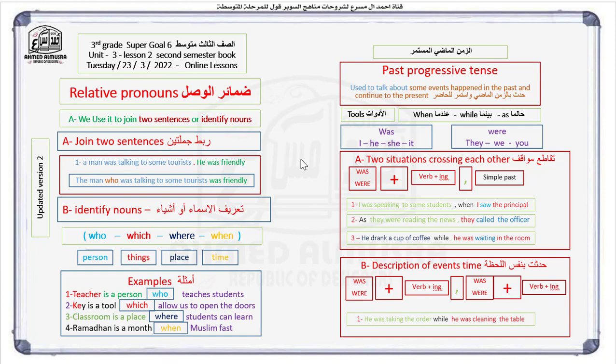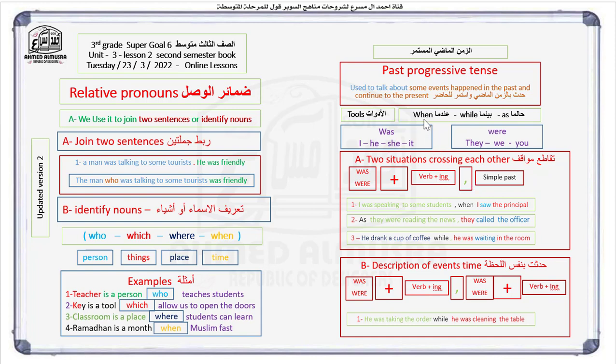Number one, two situations crossing each other in the past. Situation one: was or were plus verb plus ing. Then I'm going to have one of those tools, when or while, in the middle of the sentence. And there is no problem if they come at the beginning of the sentence.